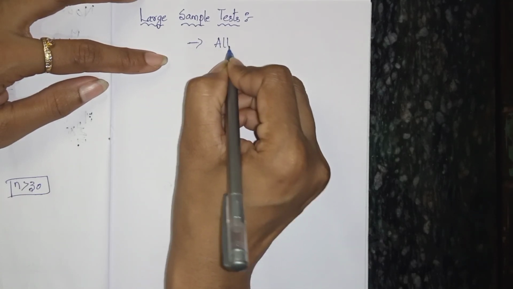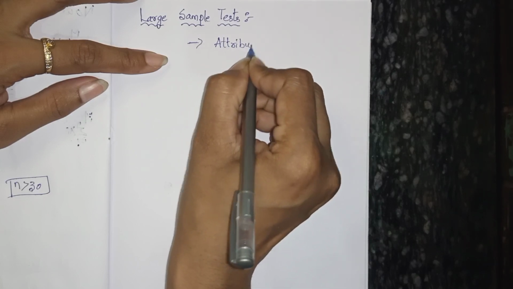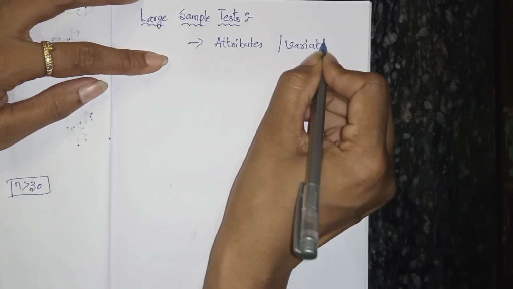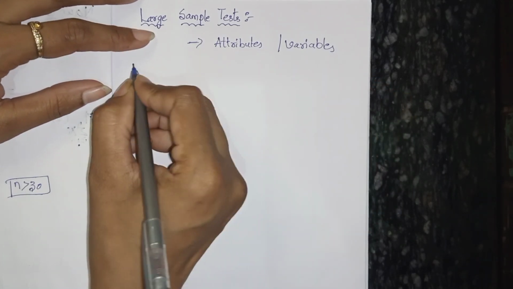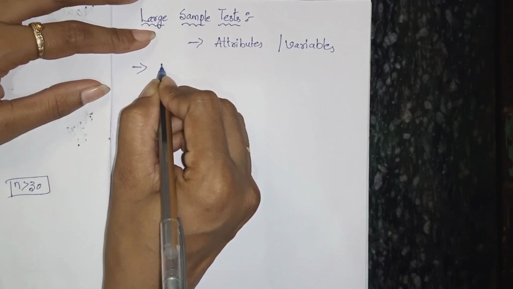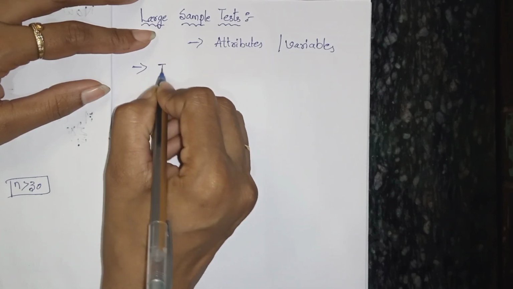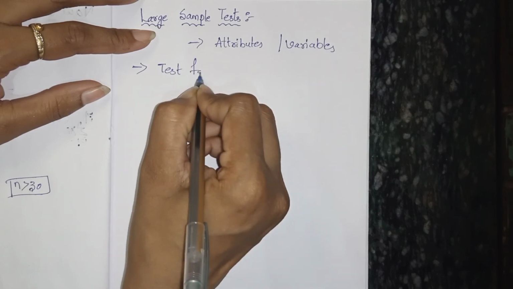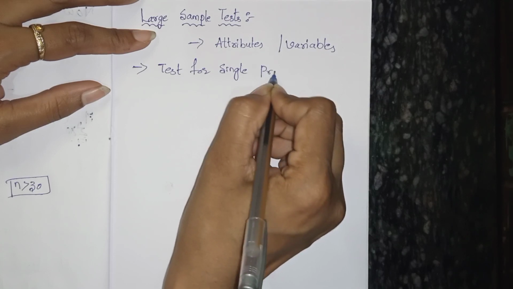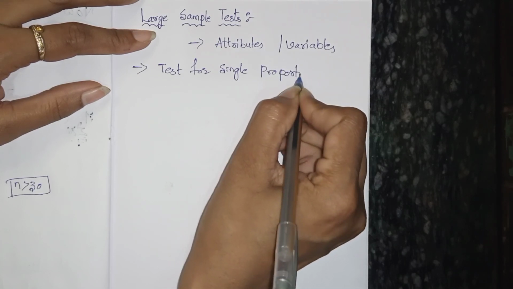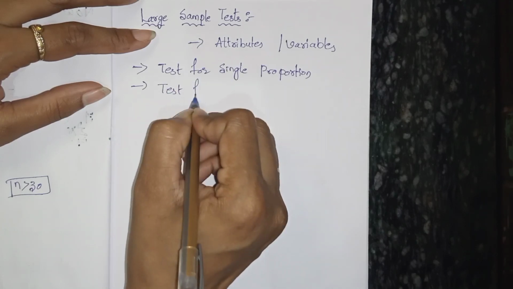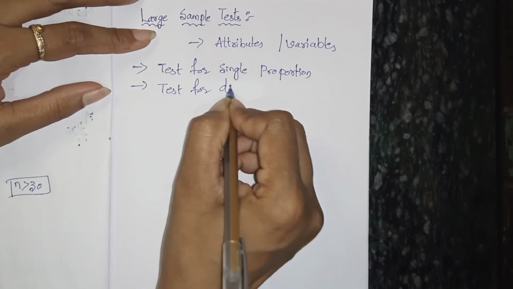attributes and variables. In attributes we have proportion: test for single proportion, and next, the second one is test for difference of proportion.